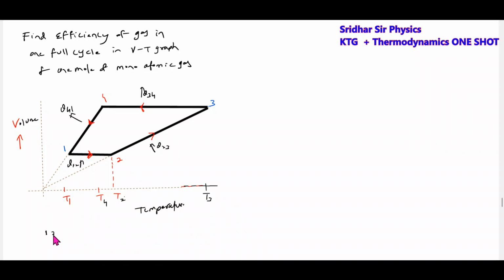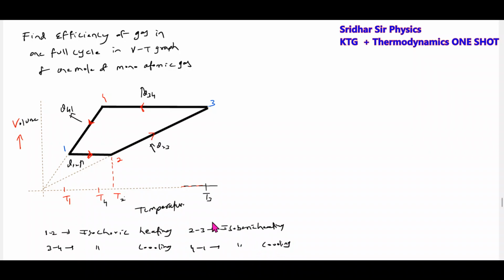Path 1, 2 will be isochoric heating. Then similarly 3, 4 will be isochoric cooling. Then path 2, 3 will be isobaric heating. Path 4, 1 will be isobaric cooling.